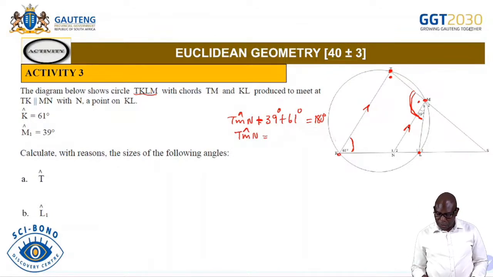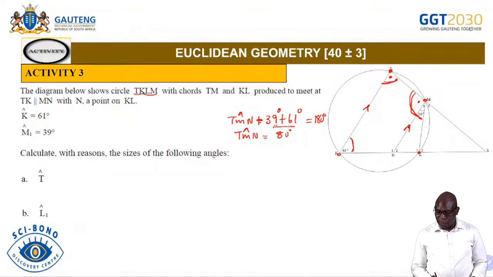So I can write this one now as 80 degrees because I know that. So let's check this. So that will be 100. So 180 minus 100, that will be 80 degrees. So my TMN there will be 80 degrees. So now let's check. 39 and 61. So my T1, because I need my angle T there.